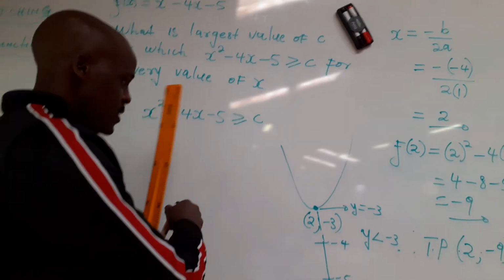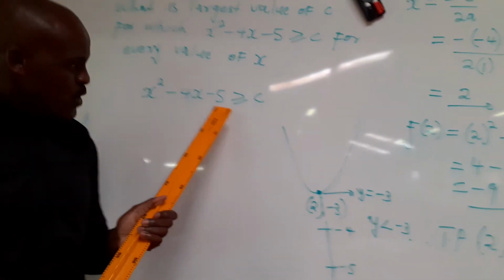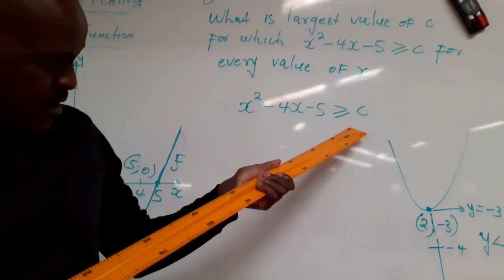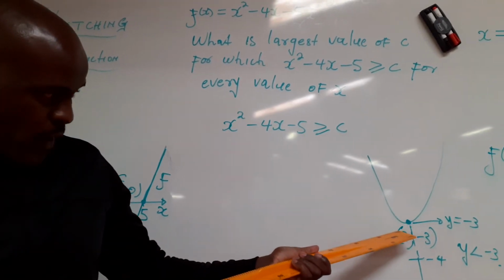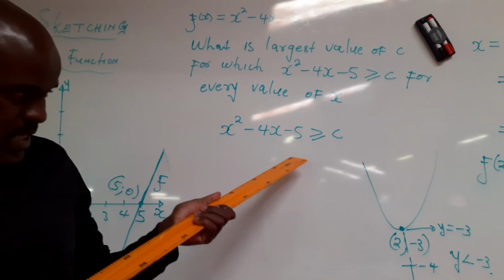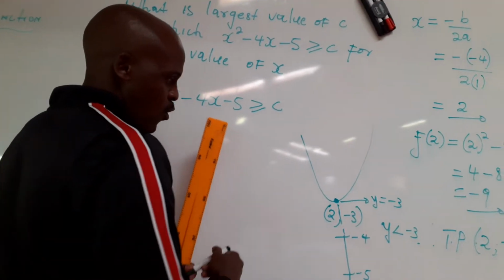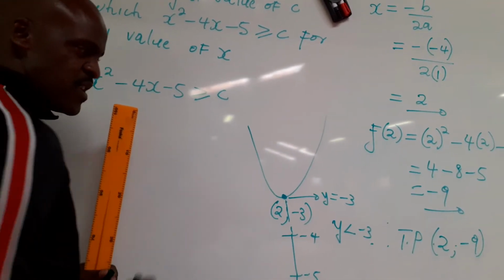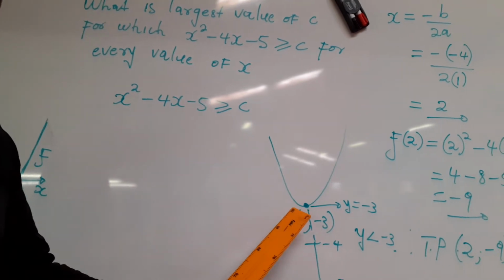So, in other words, since we are to find the value of y here, where this graph is existing, you go to your turning point. Below the turning point, a quadratic function doesn't exist here.